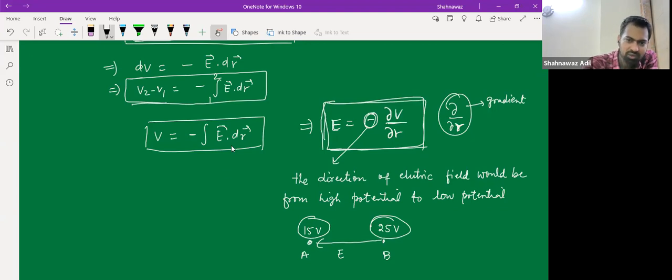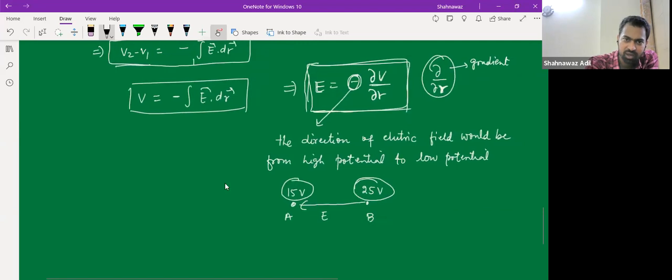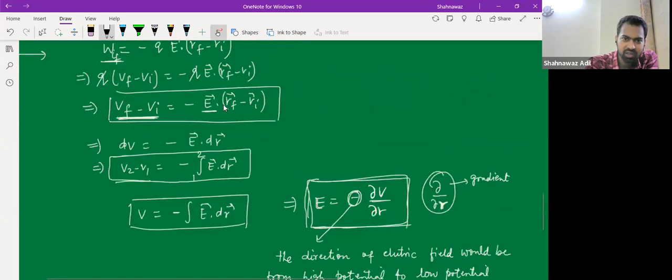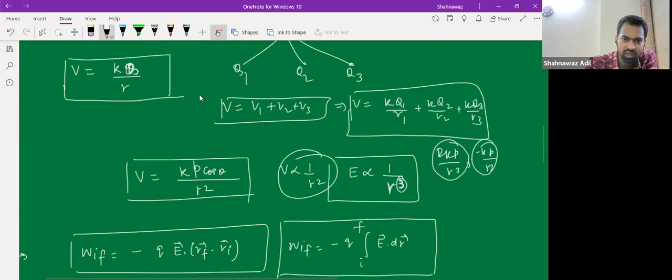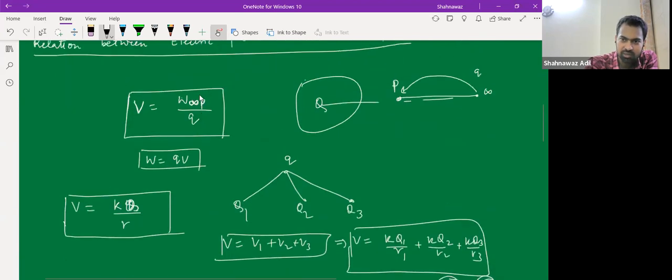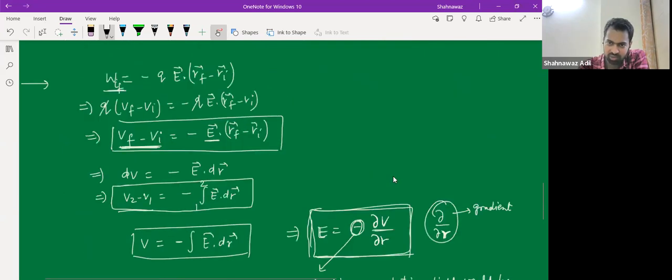Now let us do some questions so that we can understand. This we have already done, so no need to note it down again. Did you guys note down this part in the previous class?